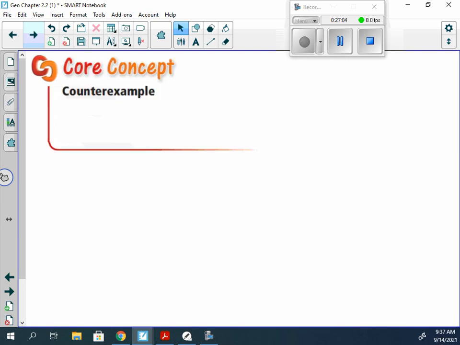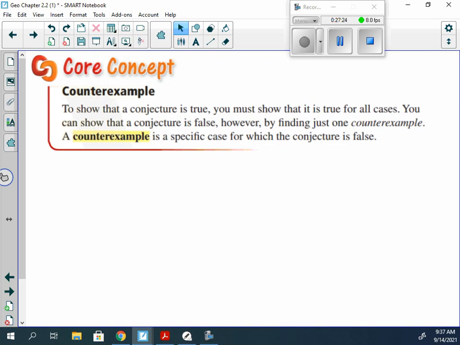Counterexample. Anybody have a guess at what the definition for counterexample is? Counter. If we counter something, that is the opposite, or shows that it is false.